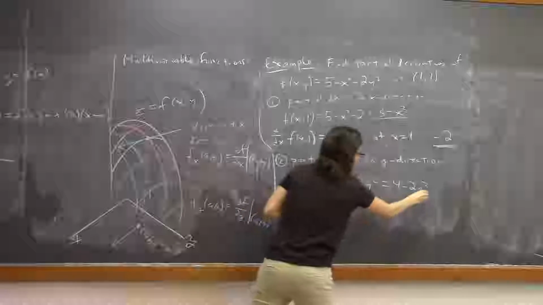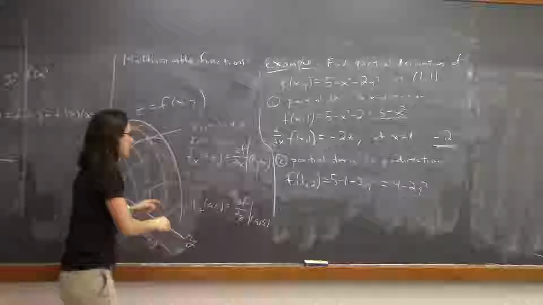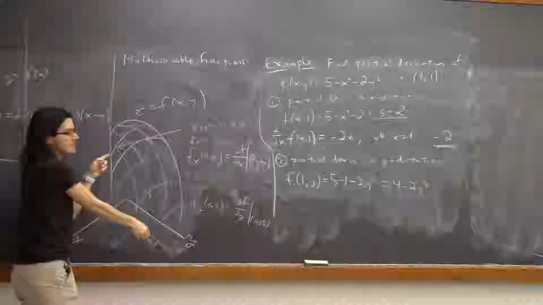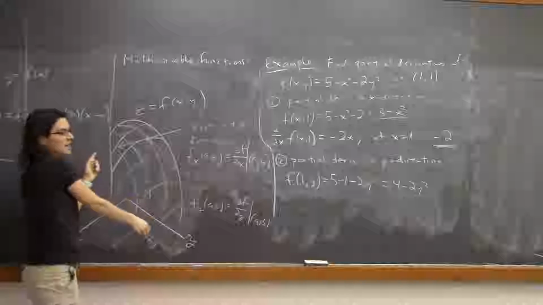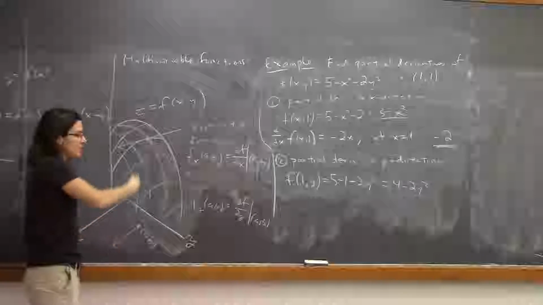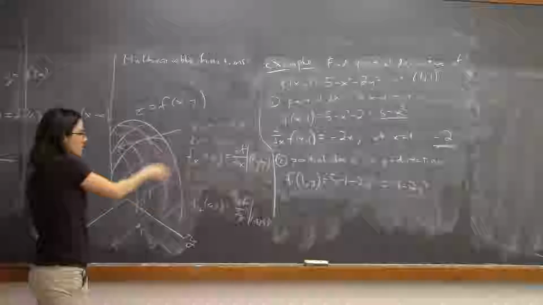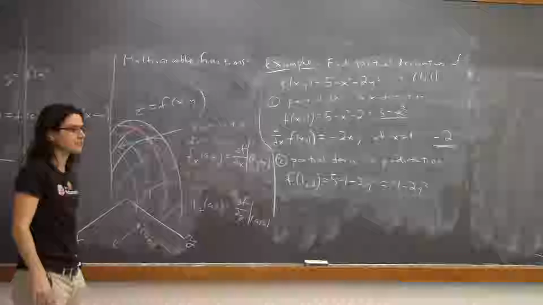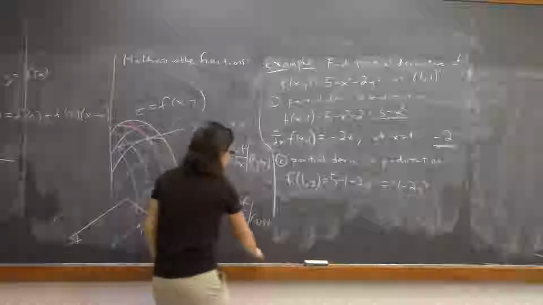So that is exactly the equation for this downward sloping parabola. It's z equals 4 minus 2y squared, and x is always 1. That's the idea. We're just taking a slice of this three-dimensional thing and getting a function of one variable. Okay, and let's take its derivative.